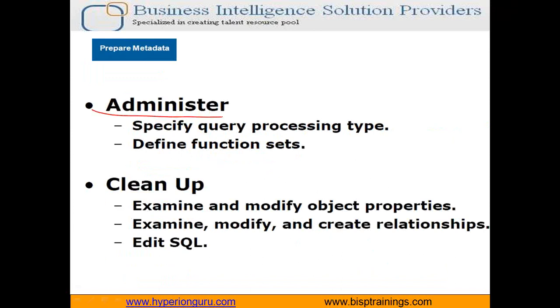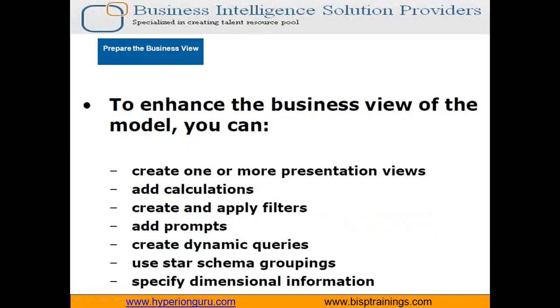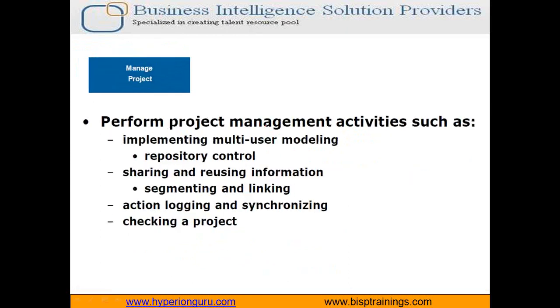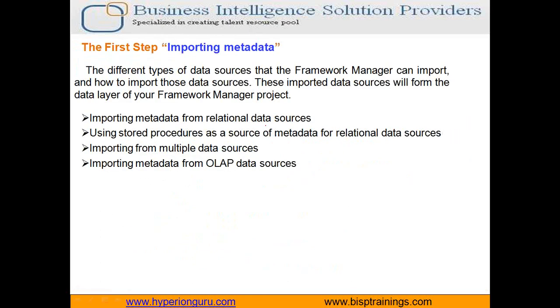The administrator activity is installation, setting up your server, and looking at the hardware structure, what your underlying hardware need is according to your server. So this is pretty much the set of steps one has to perform before starting to build in Cognos.